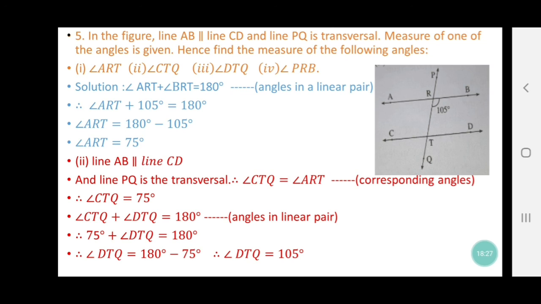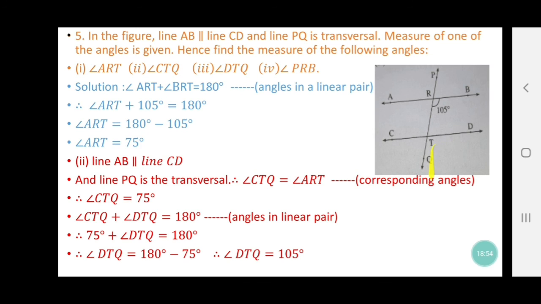And the second part of it, line AB is parallel to CD and PQ is the transversal. So angle CTQ is equal to angle ART. As it is equal, angle CTQ will also be equal to 75 degrees. Now we move on to the next part, that is angle DTQ.